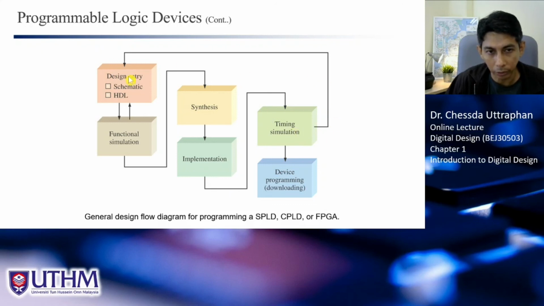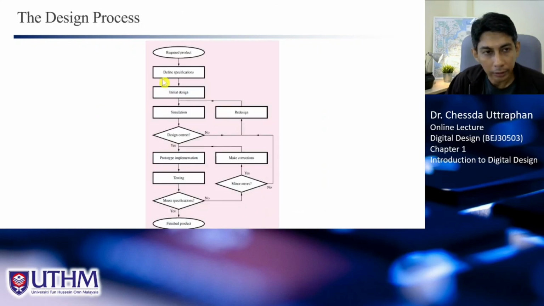If not, we need to go back and do the design again before we download to the real chip. But this one we will not do in this course because we cannot access the FPGA board for now.